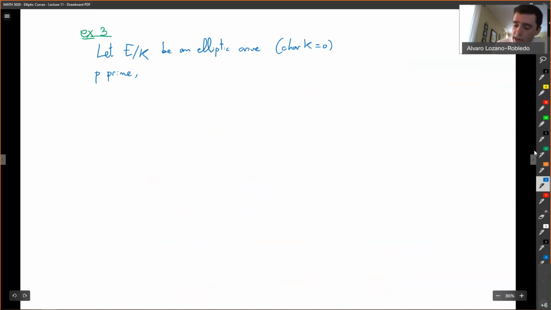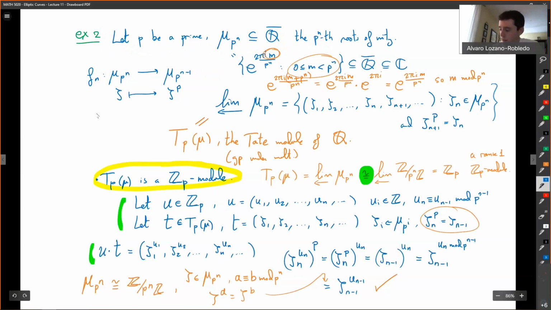P is a prime, and then our groups Gn are going to be the p to the n torsion subgroups of E. By the way, if you go back to the previous slide, the p to the nth roots of unity are precisely the p to the nth torsion of Q bar star.